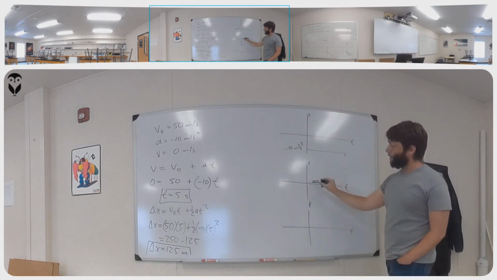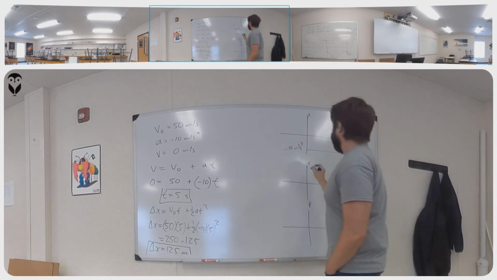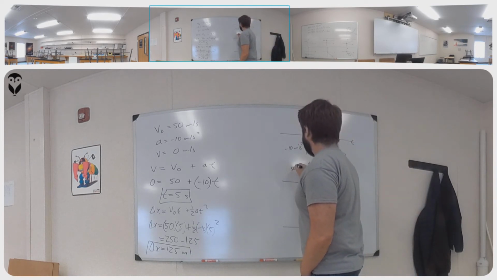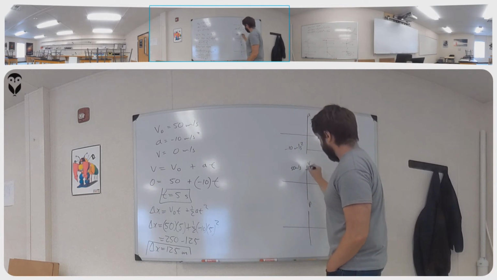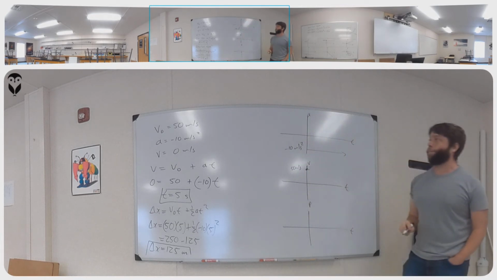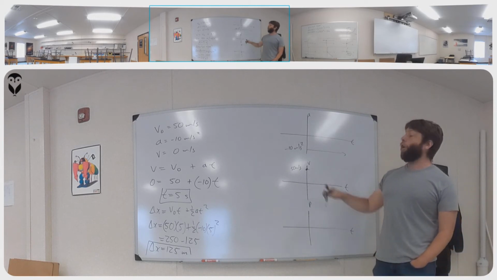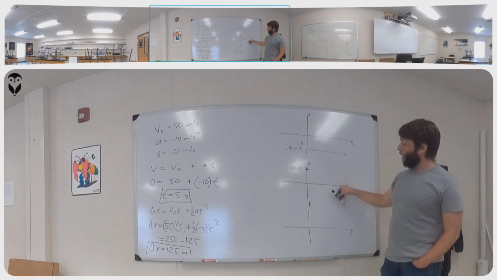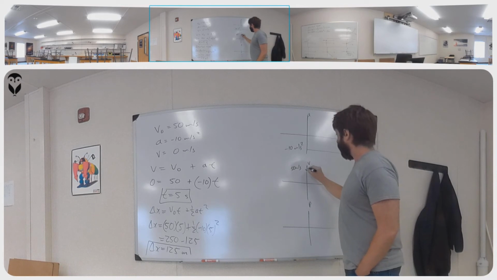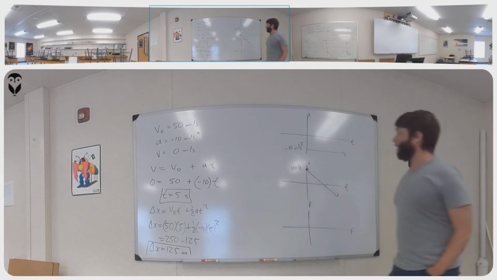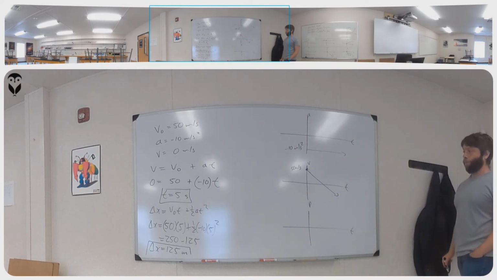Now, the velocity graph, remember, we need to start where the initial velocity is. So our initial velocity is not 0. Our initial velocity is 50 meters per second. So we're starting right here at 50 meters per second. Since we have a negative acceleration, we know that this has to be a linear downward trajectory.